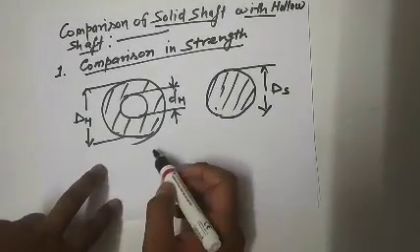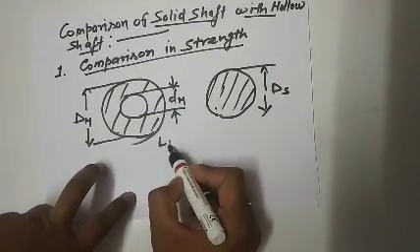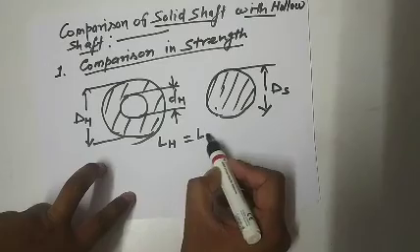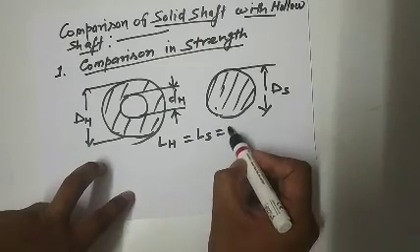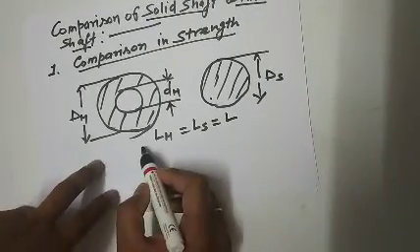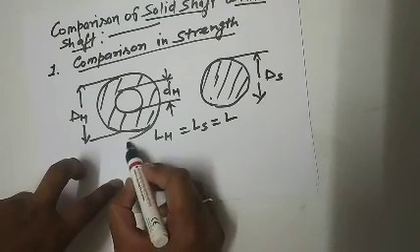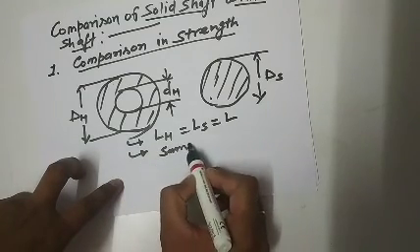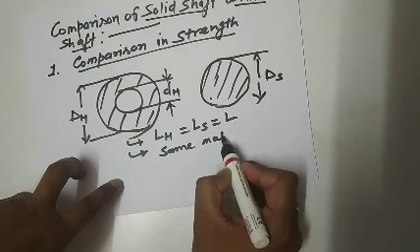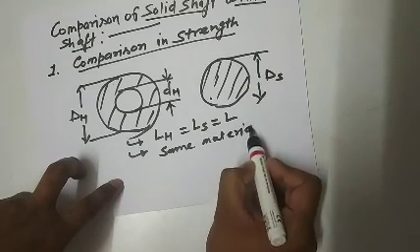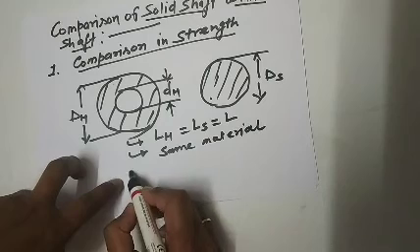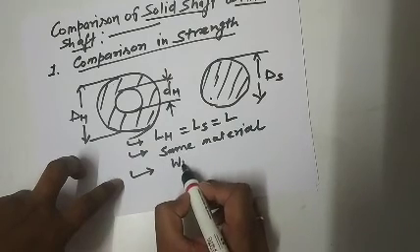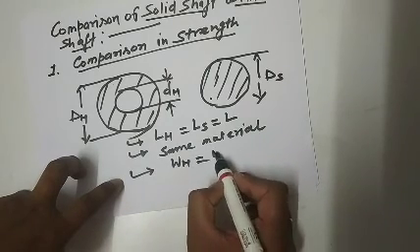Now assume that length of hollow shaft and solid shaft is same. They are made of same material. Right? Weight of both shaft is same.